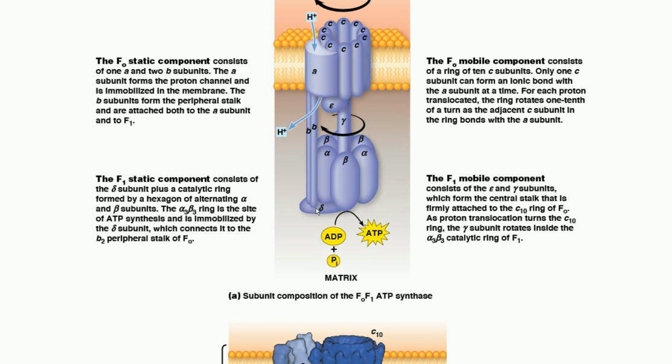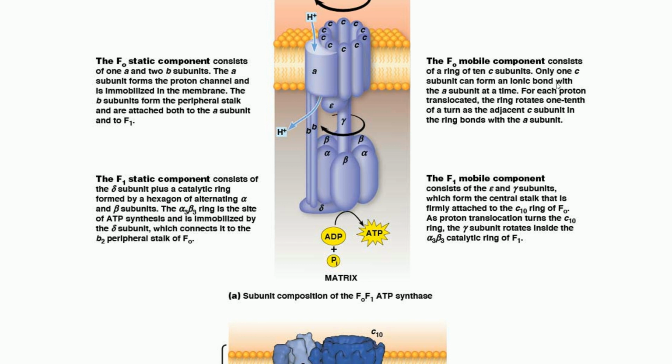So through these 2 B subunits, the FO and F1 subunits are connected. And the mobile component of F1 consists of a ring of 10 C subunits. So these are C subunits and there are 10.